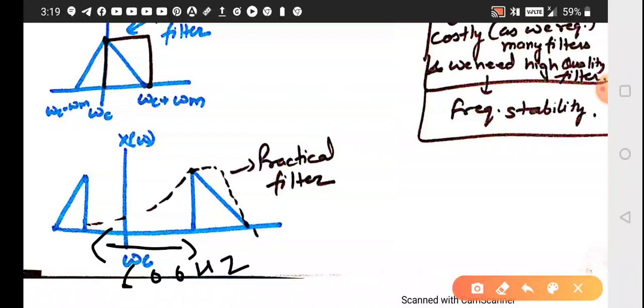If this is the separation, then we can easily obtain the desired sideband. Let's say in our case the desired sideband is the upper sideband. We get the upper sideband easily by a band pass filter, because in this case the filter need not have a sharp cutoff. So this filter is simple to design and construct. But the filter should be highly selective with a high Q value. Why?